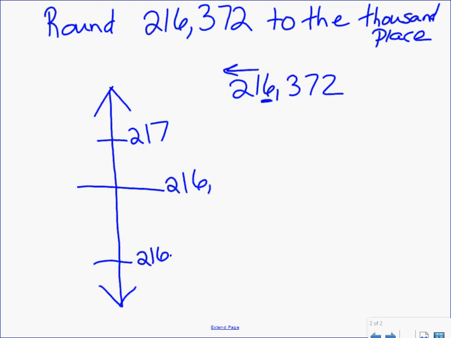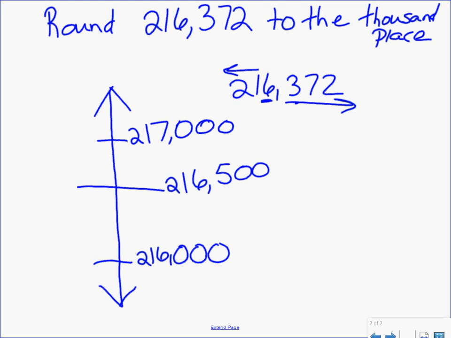Now, what comes after these commas is what's important. Everything behind that 6 is going to become a 0. So 1, 2, 3, 1, 2, 3. Now, my middle point is going to be slightly different because it has to be halfway between 216,000 and 217,000. Halfway between 216,000 and 217,000 is 216,500. 5 is always halfway.